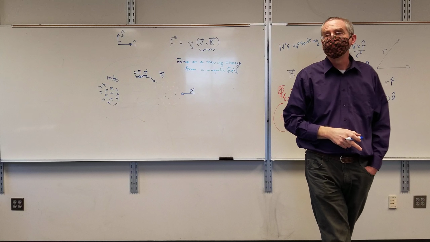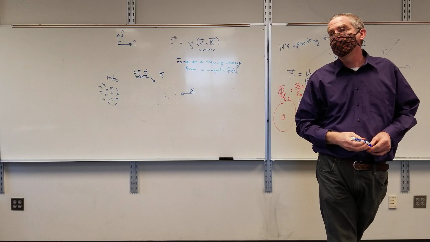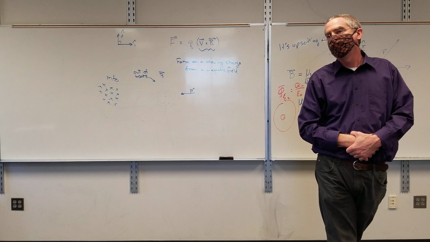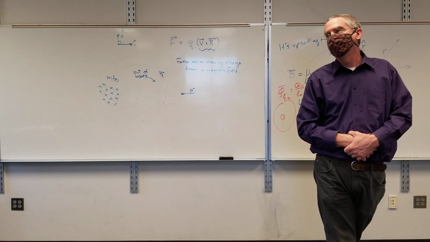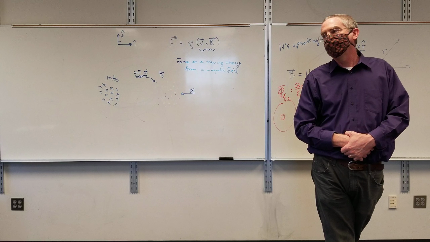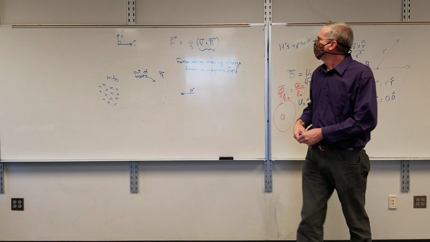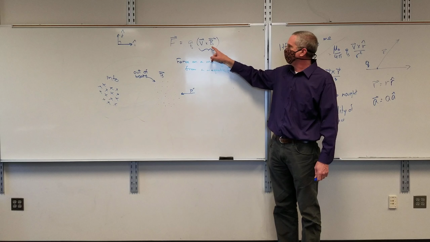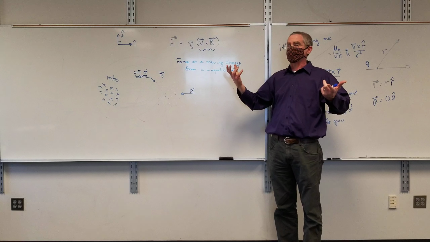Since it's perpendicular and that's a cross product, does that mean that the velocity times the magnetic field is like 1 or 0 or something? As long as the velocity of the particle is perpendicular to the magnetic field, then we're at maximum force.